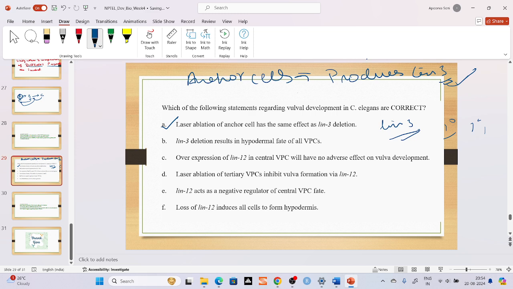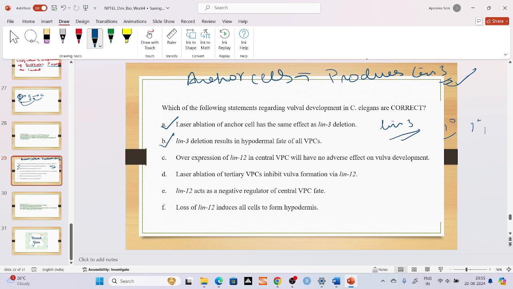So when there is no lin 3, none of the VPCs will receive the induction signal, and they will adopt the non-vulval fate, which is the hypodermal fate. If there is no lin 3, there is no induction, which means all the precursor cells will become non-vulval cells. So this is also a true statement.